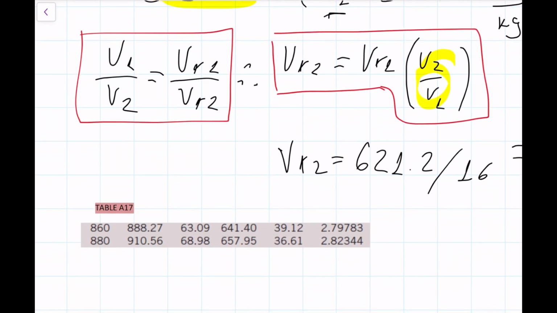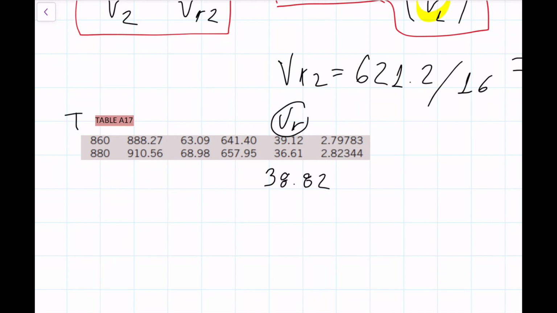You'll notice that I already grabbed just a part of table A17. So we have our temperature here in the corner, and we have our VR over here. I'm going to have to interpolate this for the 38.82 that I just found. And with that interpolation, I can find heaps of information, all from this table.